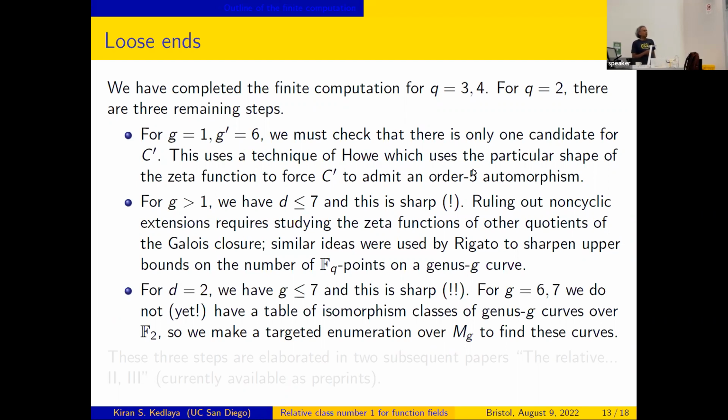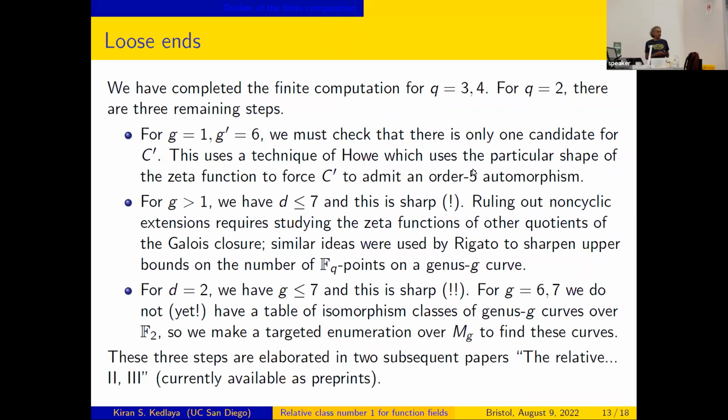And there's one other loose end, which is for the quadratic extensions, where I don't have this non-cyclic problem, I have to find curves of genus 6 and 7 on the bottom with a given Weil polynomial. In principle, you can enumerate over the moduli space of curves of these genera. In practice, it's a little bit elaborate, so that's not done in this paper.